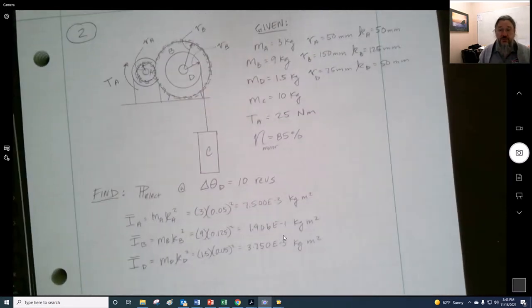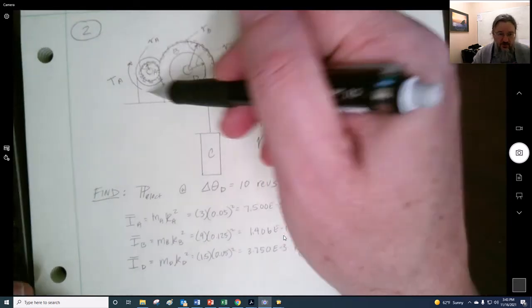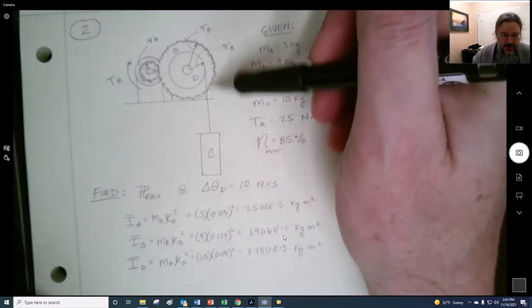All right, so it's starting from rest, so its kinetic energy is going to be 0. We might want to write some relationships before we go any further between the rotation and the height.